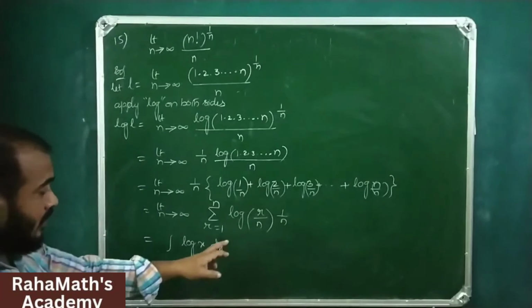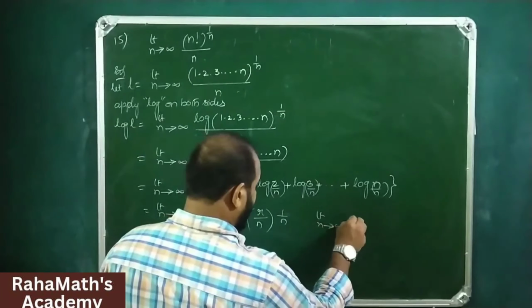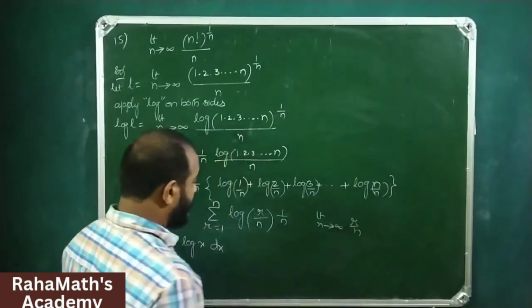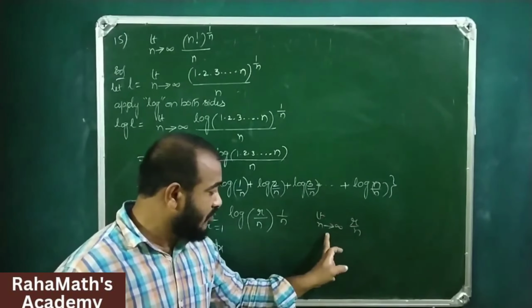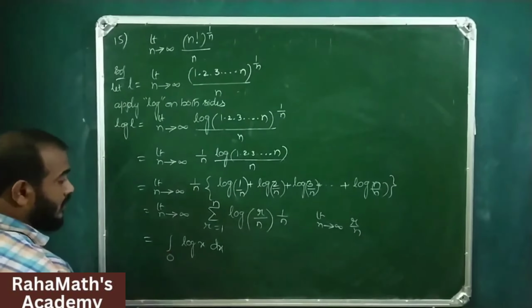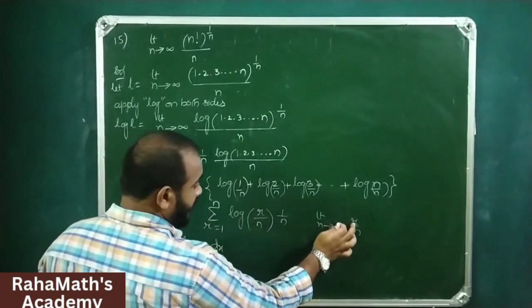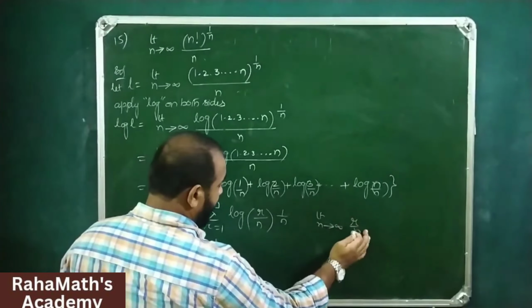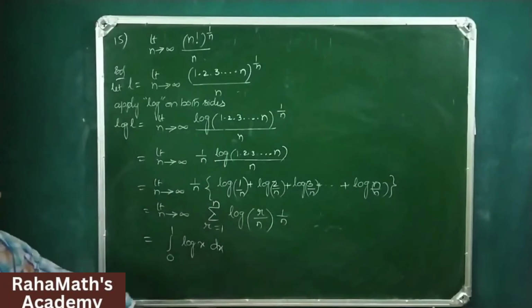For the limits, r by n: the lower limit is 1, so limit n tends to infinity, 1 by n tends to 0. So this is 0. And the upper limit is n, n by n is 1. So this is 1. So integral log x dx.